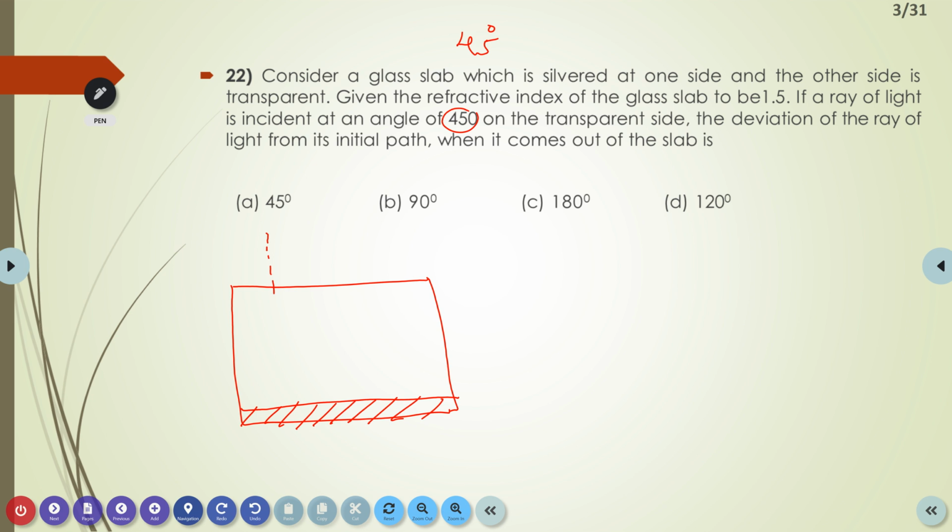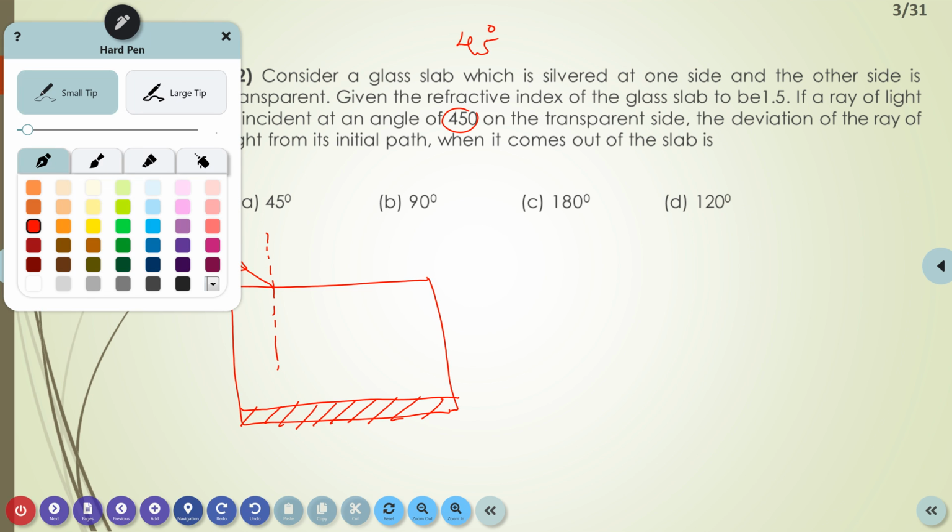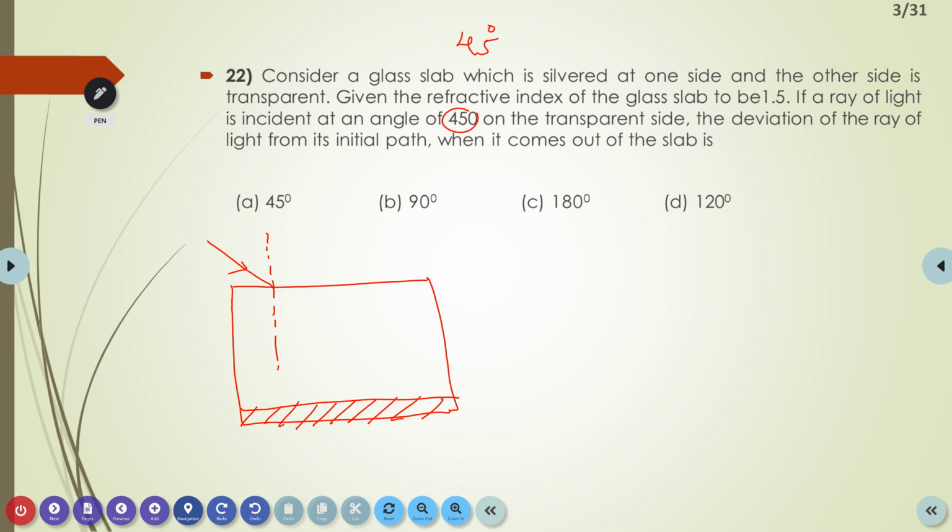Now it is incident like this. This is the incident ray, and this is the refracted ray. Since this side is silvered, the light undergoes reflection here.